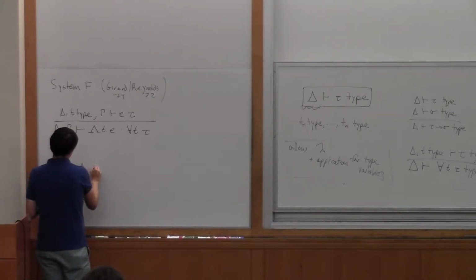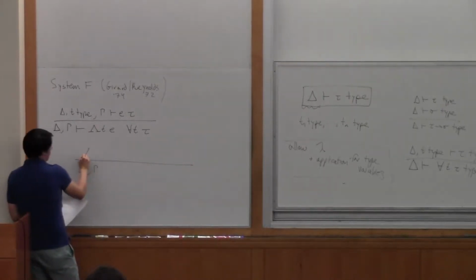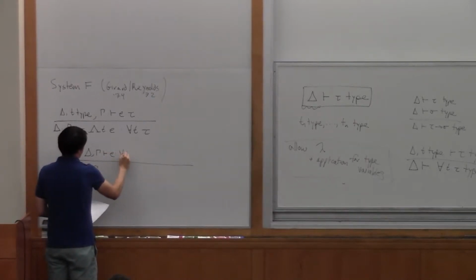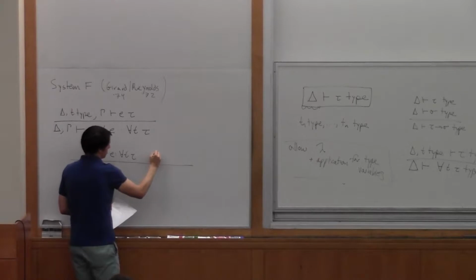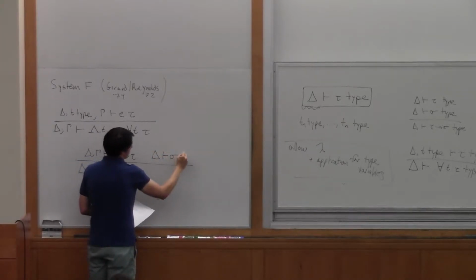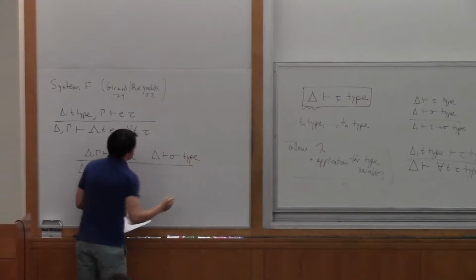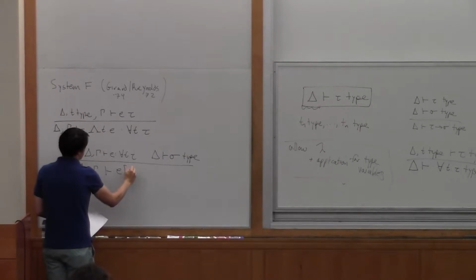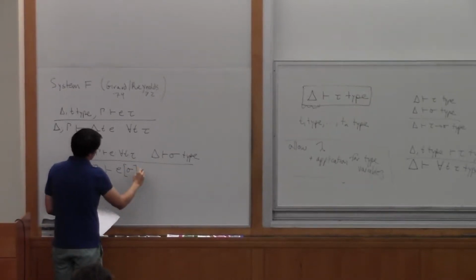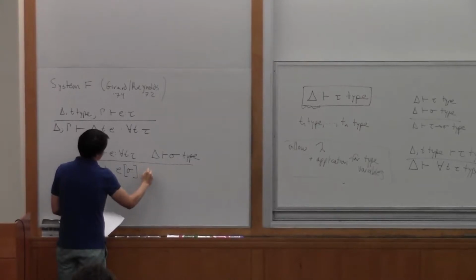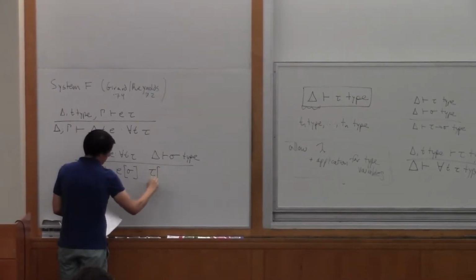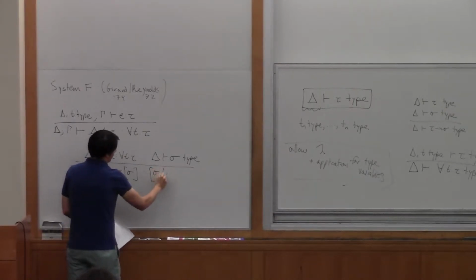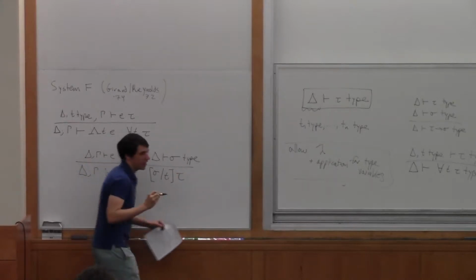And then the application will say that if we know that e has type for all t dot tau, and we come up with some specific type sigma that we would like to choose it to be, then e applied to sigma, and it's customary to write that kind of application with square brackets, has type plug in sigma for t in tau.